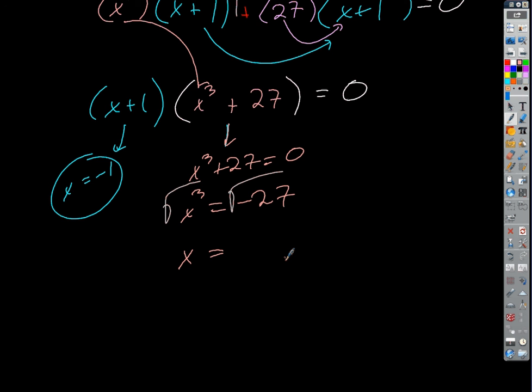What times itself is negative 1? Negative 1, right? Cube root of negative 1 is negative 1. Think about it. Negative 1 squared is positive 1. Cubed is negative 1, right? I'm just multiplying by negative 1 each time. So in general, the cube root of a negative is always going to be what? It has to be negative. Yeah, so what's the cube root of negative 27? There we go.